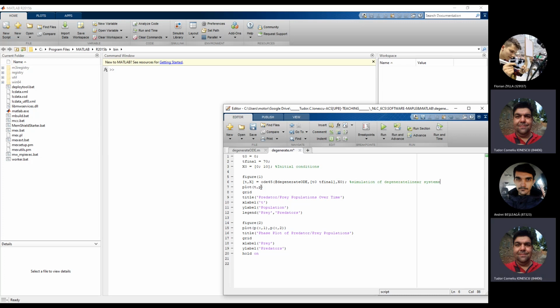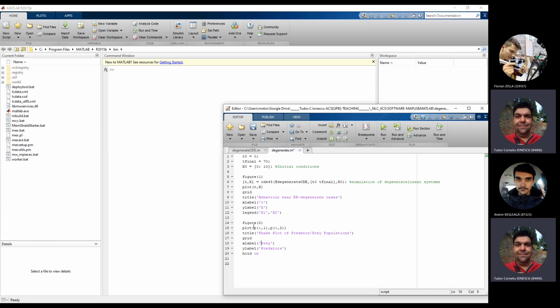Okay, plot T, X, title: behavior near equilibrium point, degenerate cases, label X, legend X1, X2.